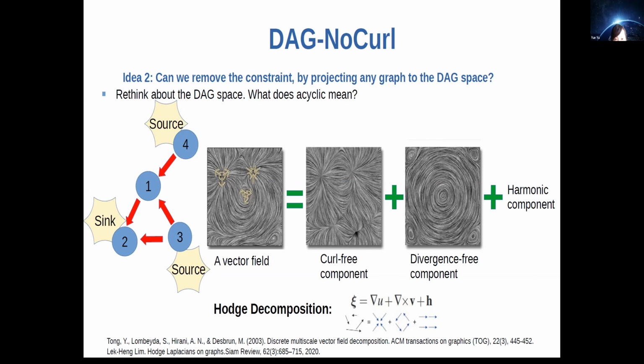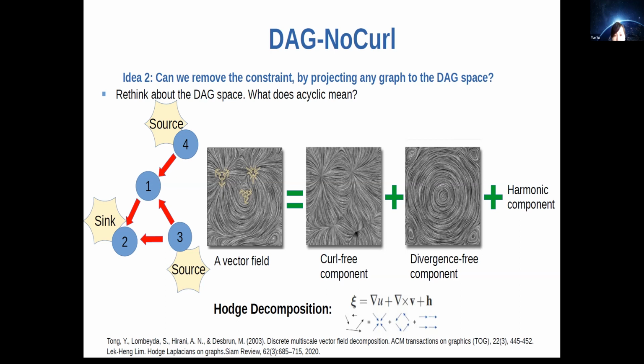The Hodge decomposition is the basis for the pressure projection method. It tells us any vector field can be decomposed into 3 components: a curl-free component, a divergence-free component, and a harmonic component, which is both curl-free and divergence-free.